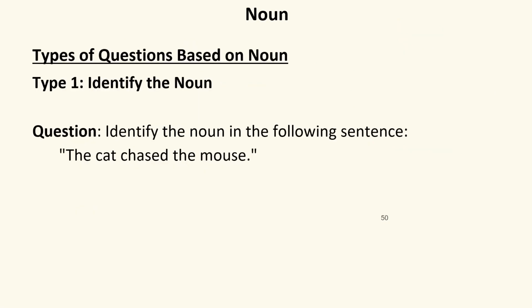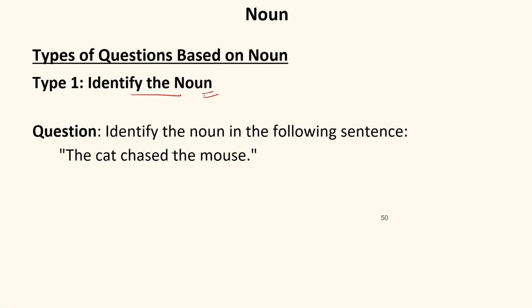Now we'll do an exercise based on nouns, or we will do some questions on what we have already read. Now, types of questions based on noun. First, you can encounter a type of question like identify the noun. You have to identify the noun in the sentence and what type of noun it is. Identify the noun in the following sentence: The cat chased the mouse.